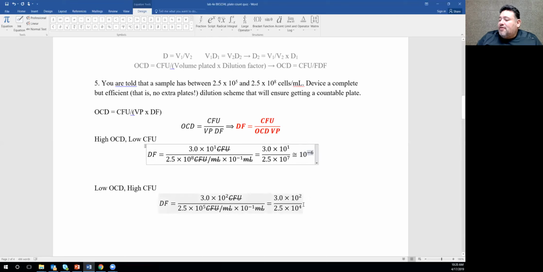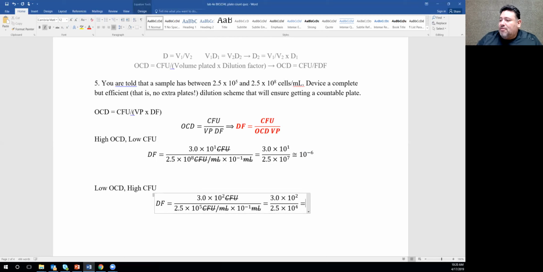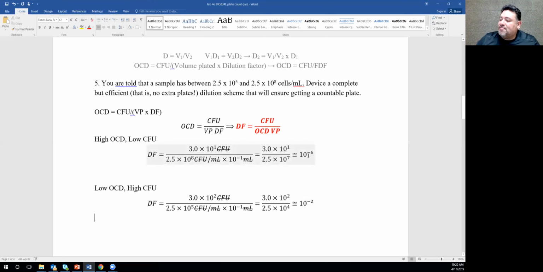And then over here, this is going to be equal to a 10 to 2 minus 4. It's going to be a minus 2. So there's our range. Here's our highest dilution right there. And there's our lowest dilution right there.